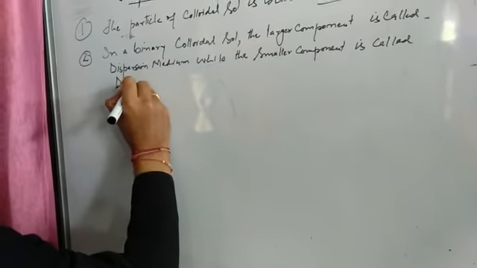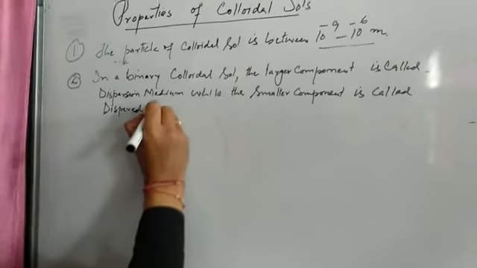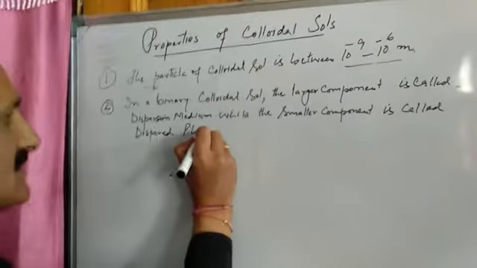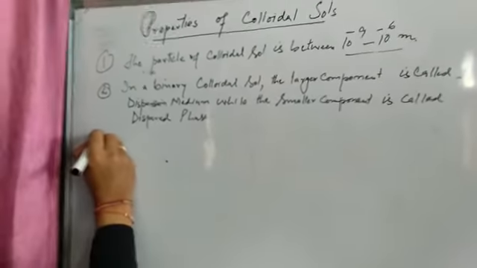So we have two components in a colloidal solution known as dispersion medium and dispersed phase.